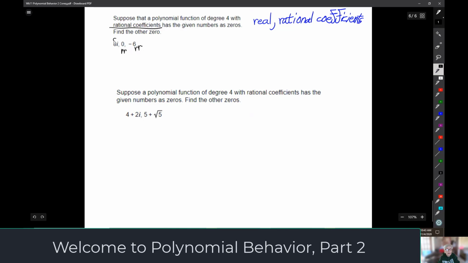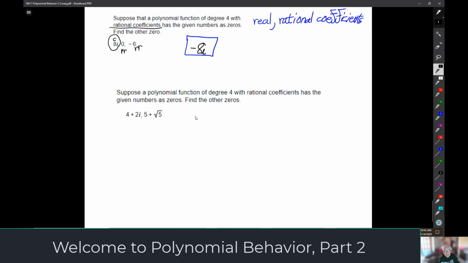This is complex. A complex zero is going to be accompanied by its conjugate. So your other zero in the answer box is going to be the conjugate of positive 8i, and that's going to be negative 8i. So that's what you would type in the answer box.